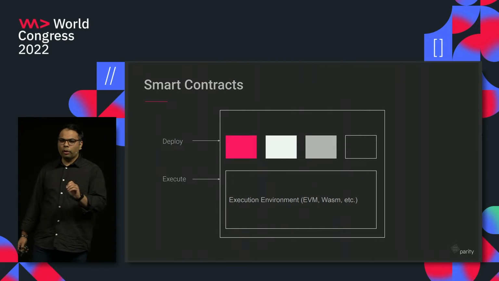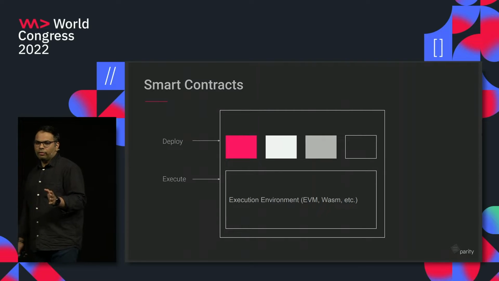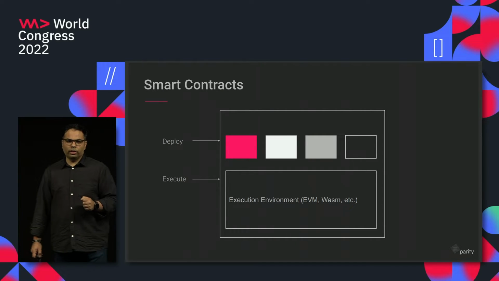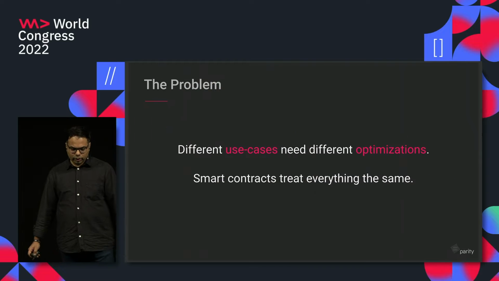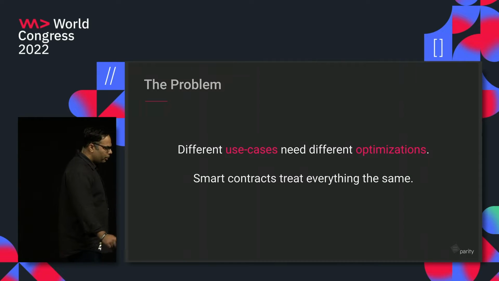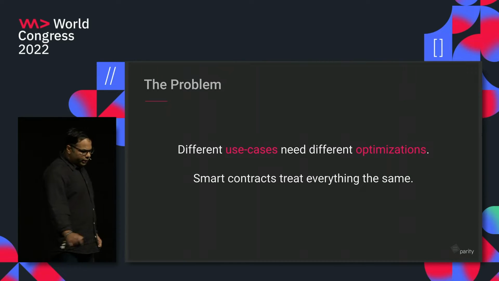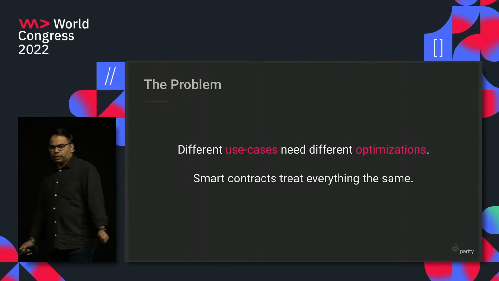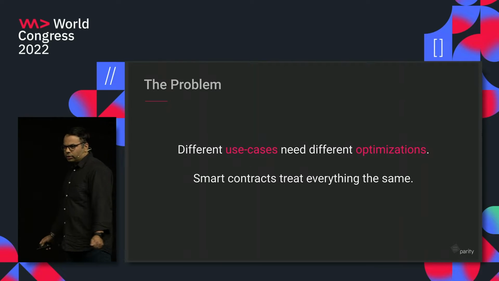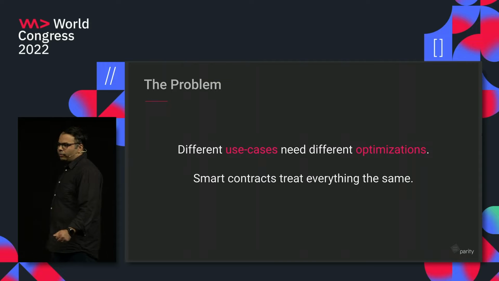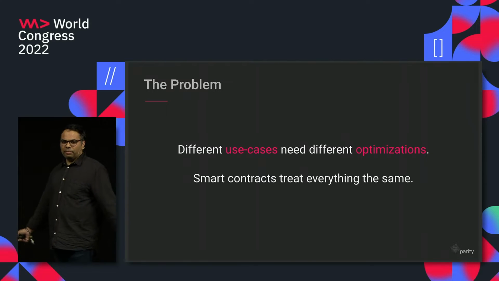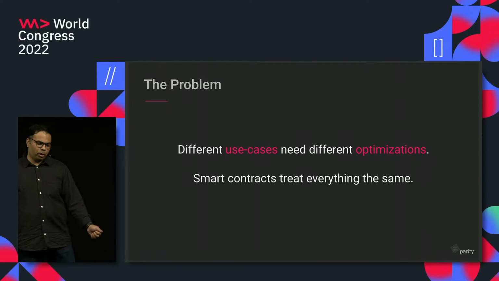How can you do different optimizations when you are not able to do that because everything is generalized? So that is the problem. This is the first problem I'm going to talk about: different blockchain use cases require different kinds of optimizations, but the smart contract platforms treat everything the same. That is the first problem.